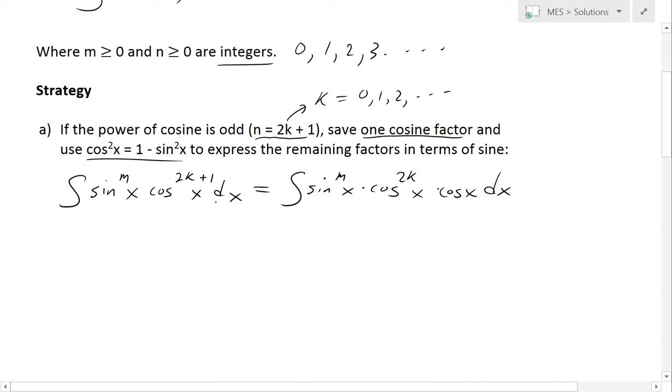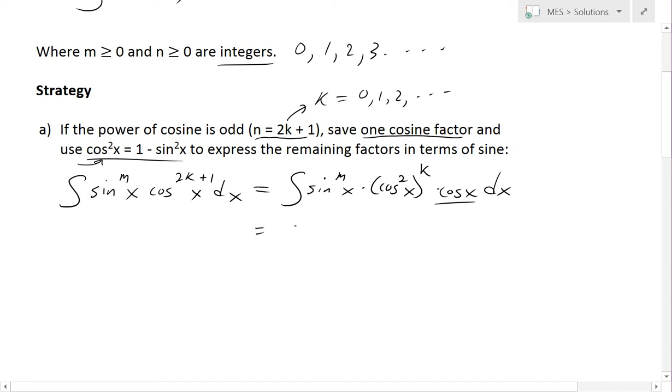Now we have separated this by itself, and we would rewrite this in an easier format. We take the k out of the power, so we have cos squared x to the power of k, which is the same thing as cos to the power of 2k of x.